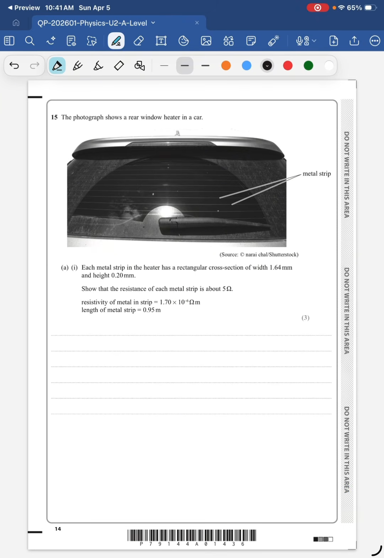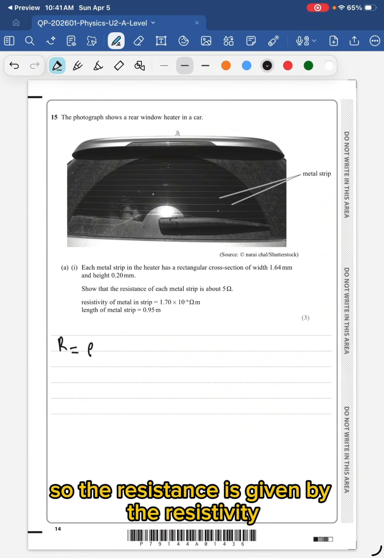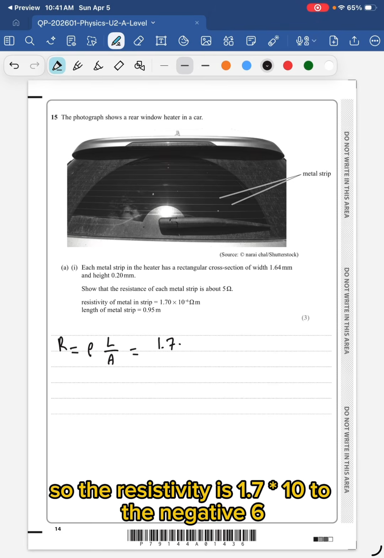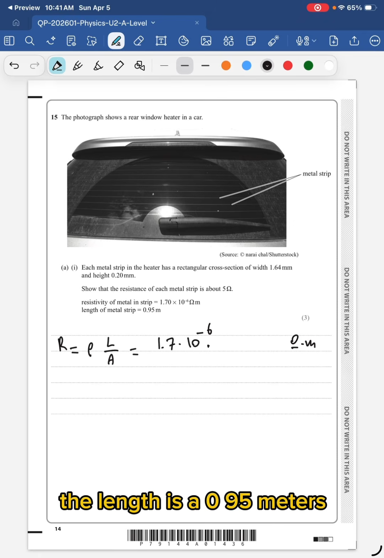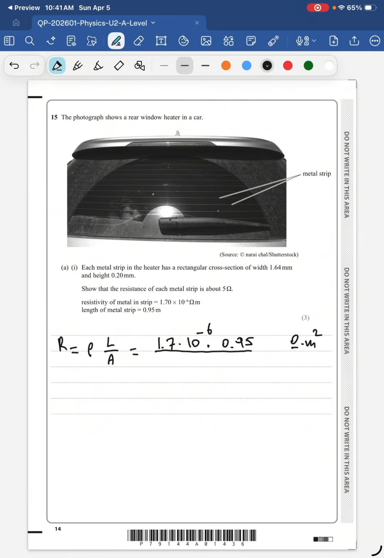All right. So this is where we can use the formula we saw earlier. Okay, so the resistance is given by the resistivity times the length over the cross-sectional area. So the resistivity is 1.7 times 10 to the negative 6, and this is ohms times meters. The length is 0.95 meters. Okay, so we get meters squared.